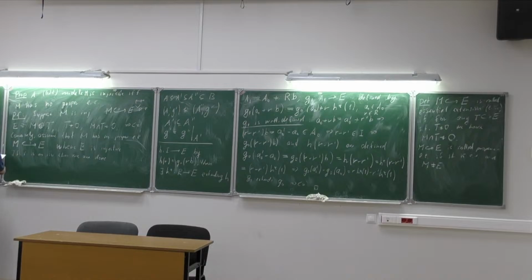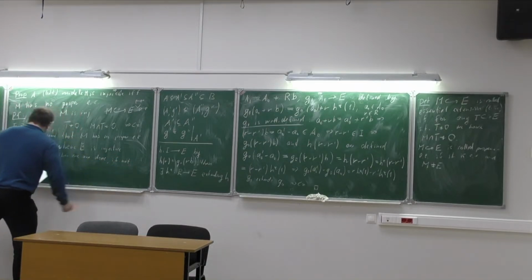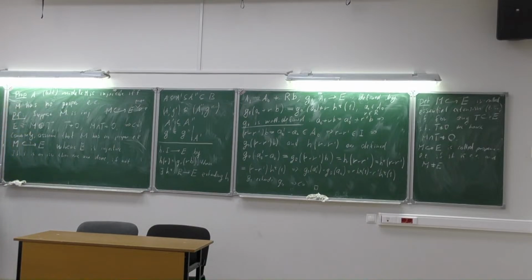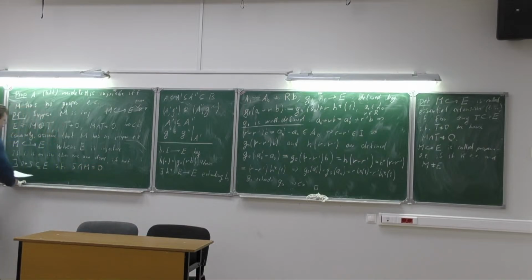So if not, then there is some submodule S in the module E, which is of course not 0, such that S intersect with M is the 0 submodule.